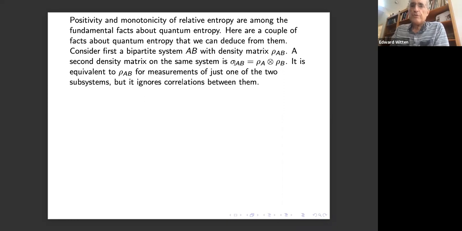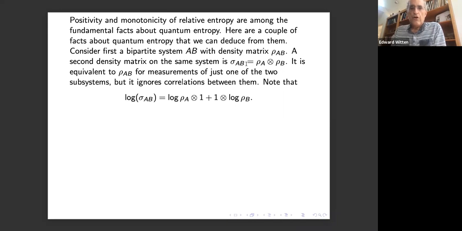Because if you make a measurement on just A, you could take a trace over B and reduce to rho A. In other words, if you take the trace over B, both density matrices will give the same rho A. So they're equivalent for measurements of system A and also equivalent for measurements of system B. But if you make a joint measurement of the two systems, you'll discover correlations in rho AB which are absent in sigma AB. So sigma AB differs from rho AB by suppressing correlations between the two subsystems.